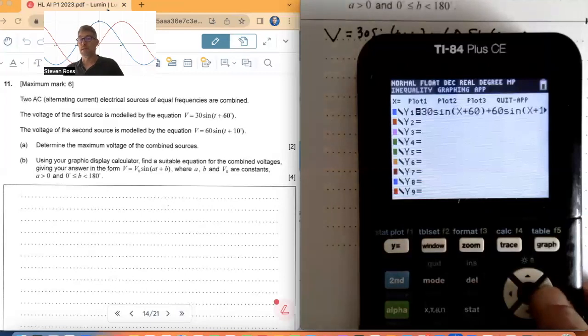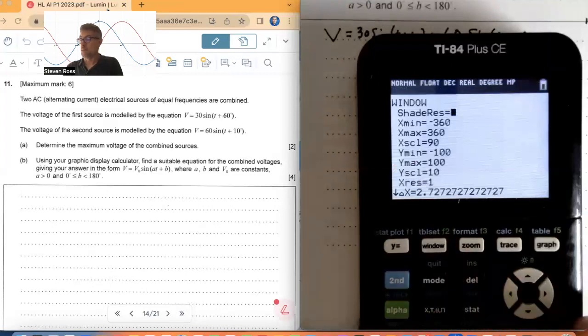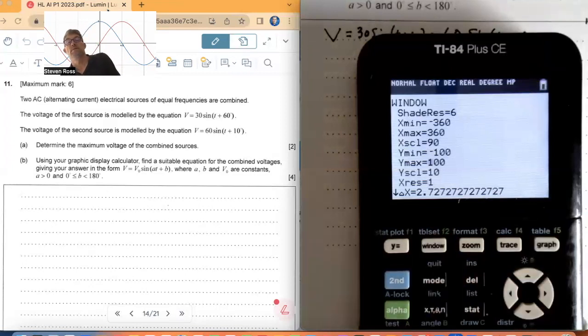That would be possibly our max. This is a sine function, so it could also be a minimum. So going down to y min, 90 minus 90, let's open it up a little bit more and say negative 100 is y min, and y max is 100.